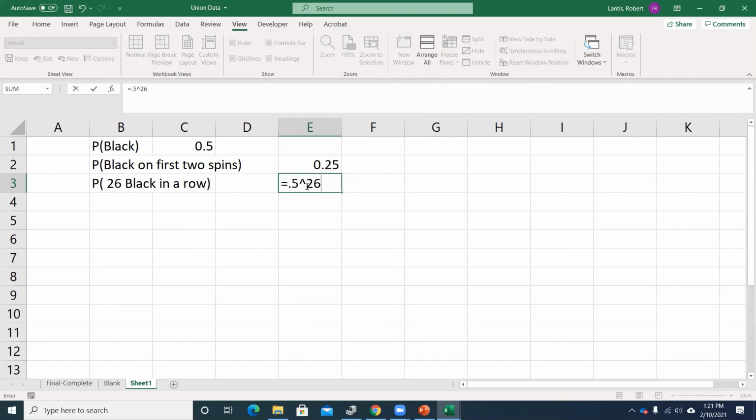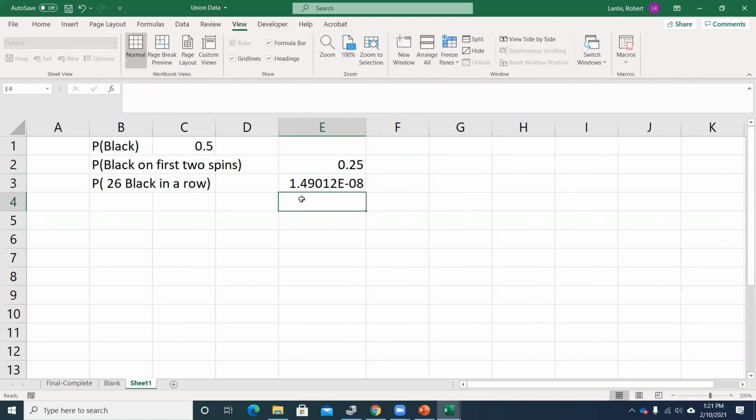So coming up black 26 times in a row, move the decimal point 8 places to the left, so 0.00000001. What's the probability of seeing that occur? It was very, very, very unlikely. We're starting to talk about lottery level chances here. So I want to point that out. That definition of independence helps us out with examples like that.